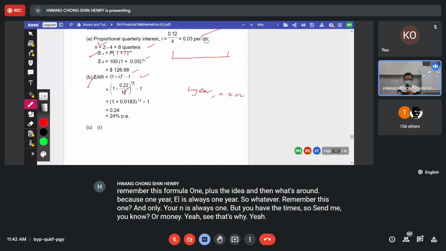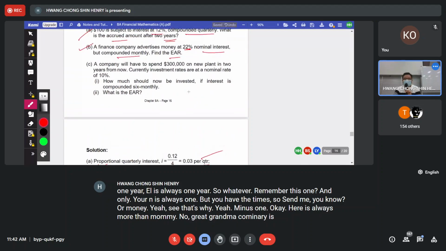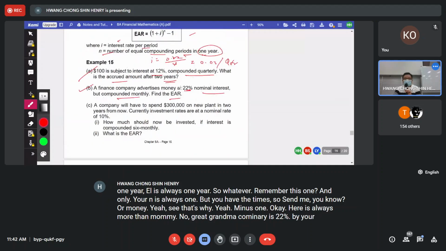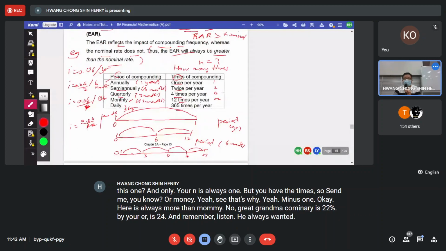Then minus 1, on the calculator you get 0.24. So the EAR is always more than the nominal rate, correct? Nominal rate is 22%, while your EAR is 24%. EAR is always more than nominal.